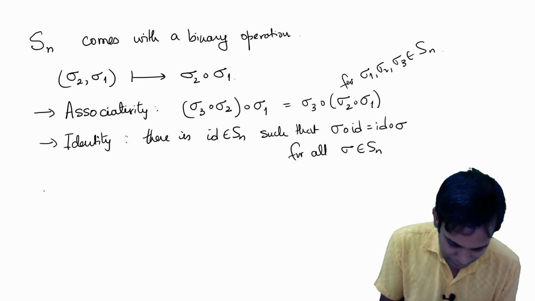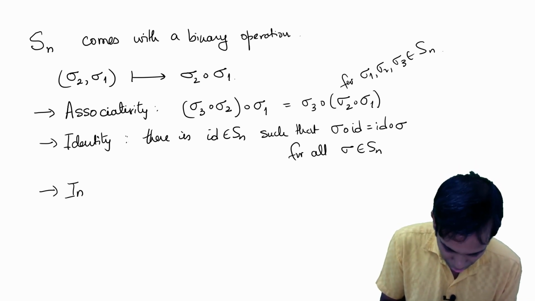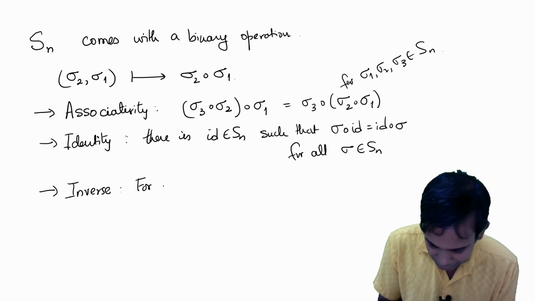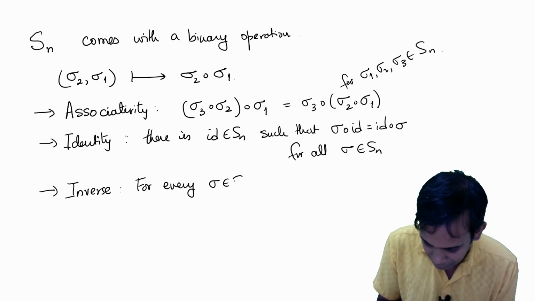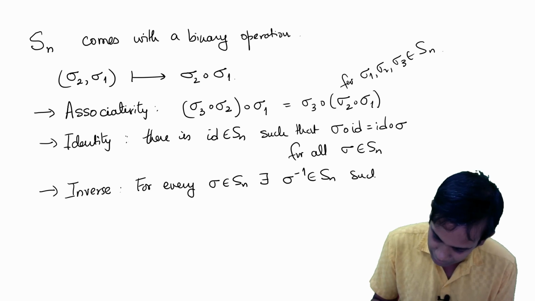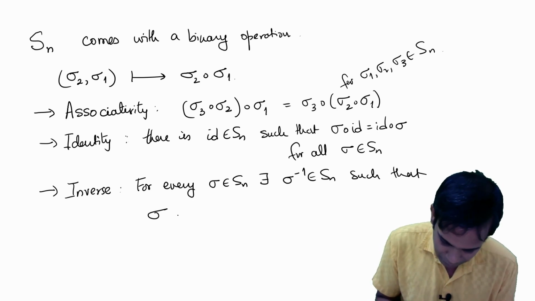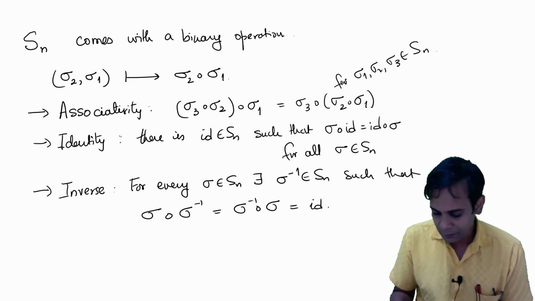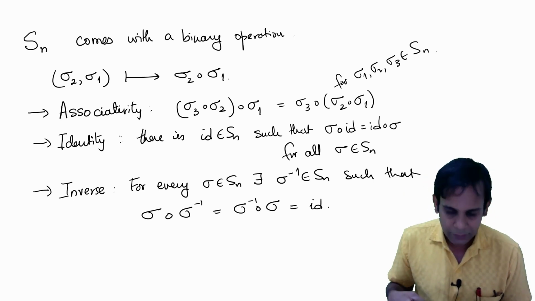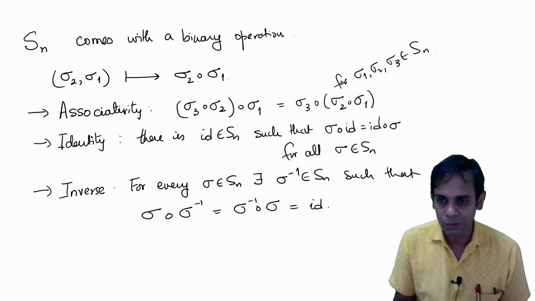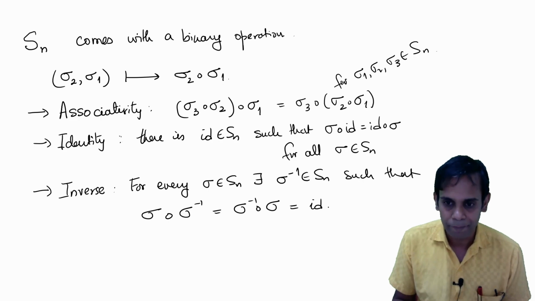And the last property is the inverse property. That is, for every sigma in Sn, there exists an element sigma inverse in Sn, such that sigma circle sigma inverse equals sigma inverse circle sigma, and both of them are equal to the identity. So these properties of permutations taken together abstractly give the definition of an abstract group, which we'll talk about next time. Thank you.